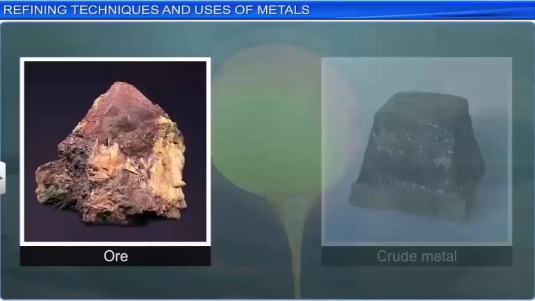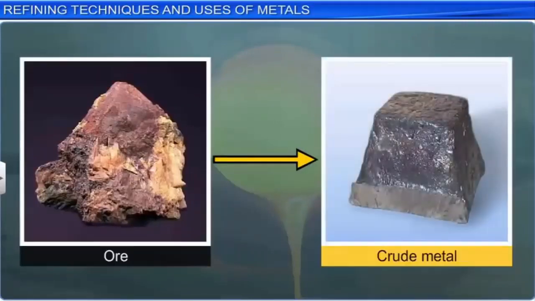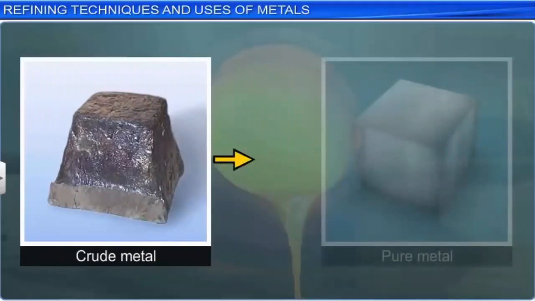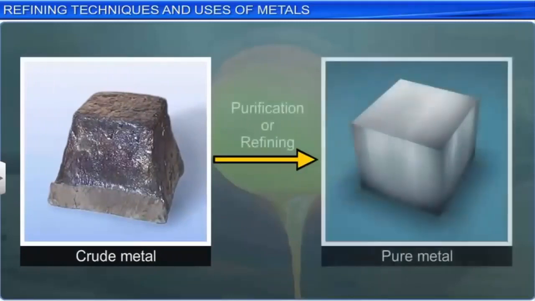A metal extracted from its ore by any method is generally impure and is known as crude metal. The impure metal is purified by subjecting it to a process of purification or refining.